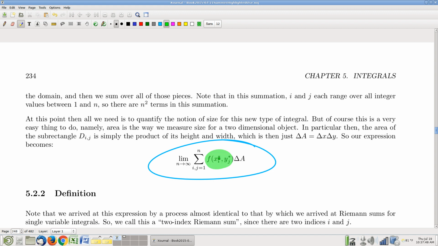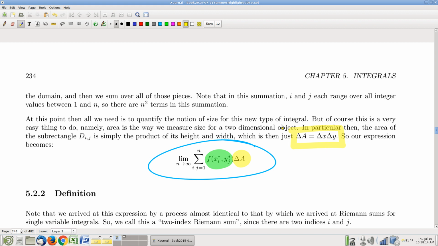That's the height. It's f. The area of the base is just delta x times delta y. We sliced up the x-axis, so the width of the rectangle is also the width of a subinterval on the x-axis. So delta x times delta y gives you area. And here's our Riemann sum.